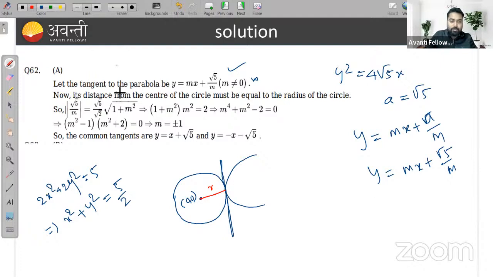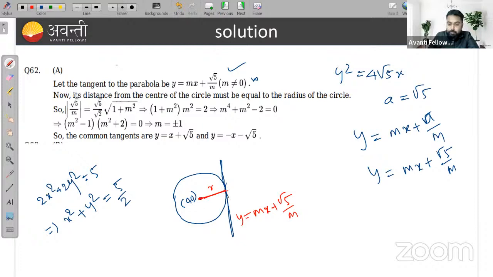What is the equation of the tangent here? The equation of this line is y = mx + √5/m.